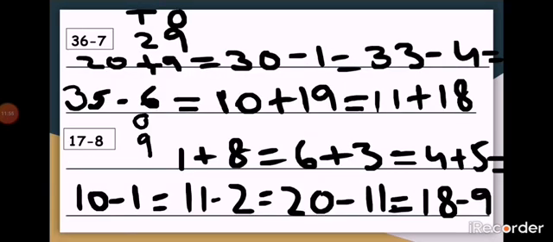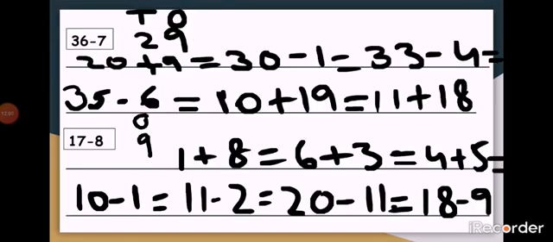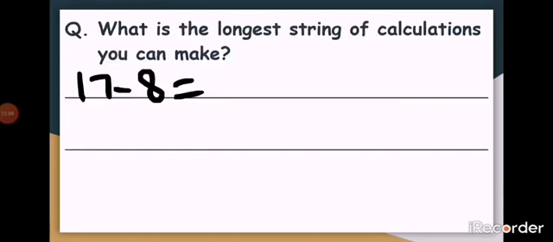Now our longest string is this. So I'm writing the string again. First is 17 minus 8 is equal to, now I'm looking back at the next one, 1 plus 8, 6 plus 3.